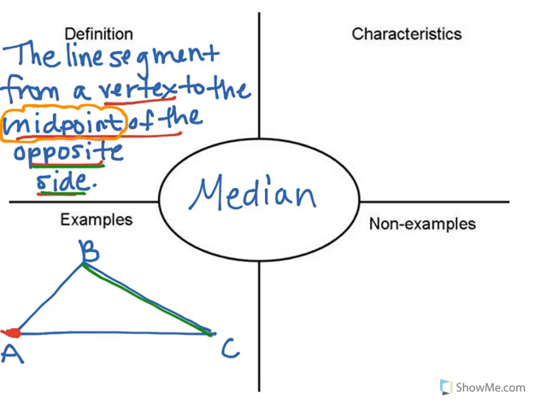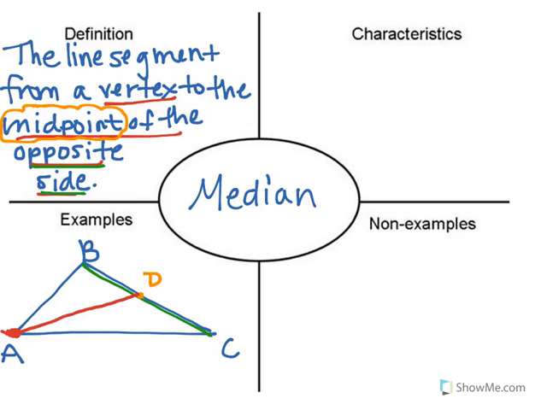Well, we know that the midpoint of a segment is the middle of the segment. So the midpoint of BC is probably around here somewhere. I'm going to call that point D. So finally, my median, putting this all together, starts at the vertex A and goes to the midpoint of the opposite side.